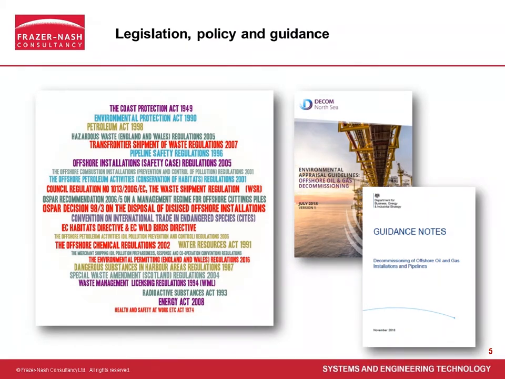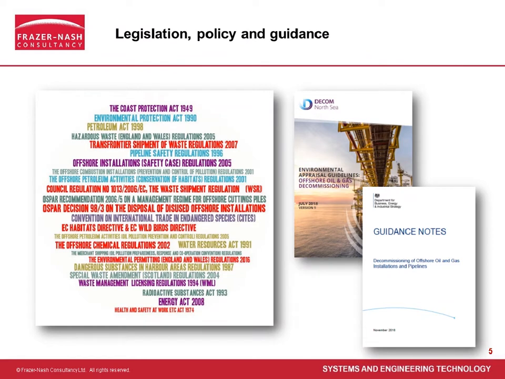It may be necessary to obtain licenses for European protected species that may be injured or disturbed. These would be under the Conservation of Offshore Marine Habitats and Species Regulations. It may be necessary to amend atmospheric emissions permits under the Offshore Combustion Installation Pollution Prevention and Control Regulations.